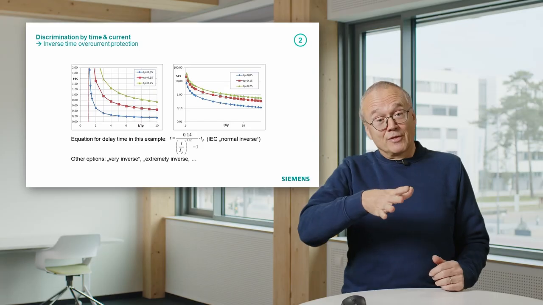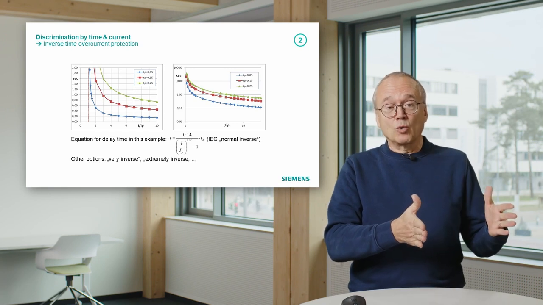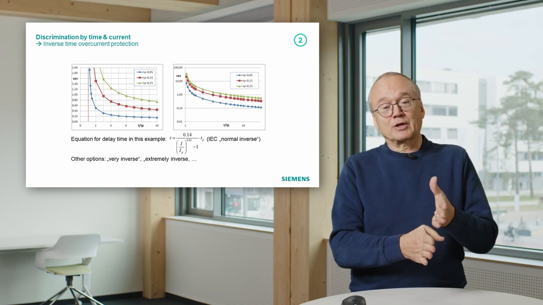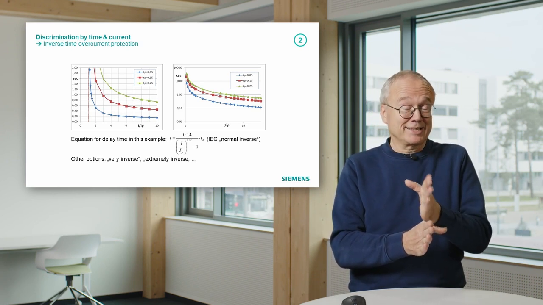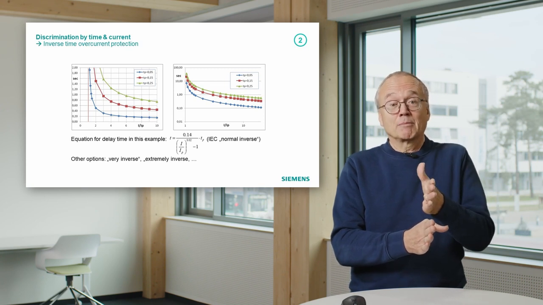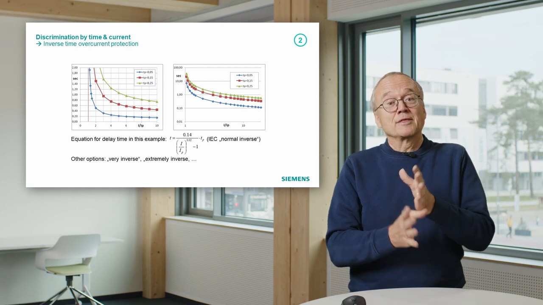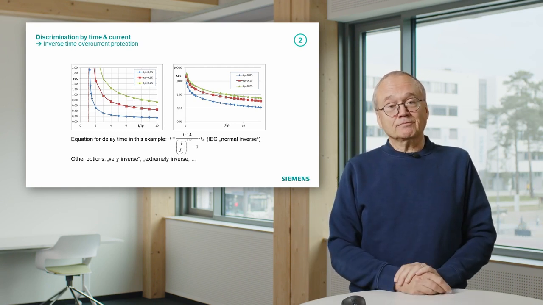Again, you have one current value. If the current is below that value, you will not have any trip. And if the current is above your setting value, that means we have again a setting value of the current, like in definite time overcurrent. But the difference is if the current is above the setting value, the delay time depends on the current.